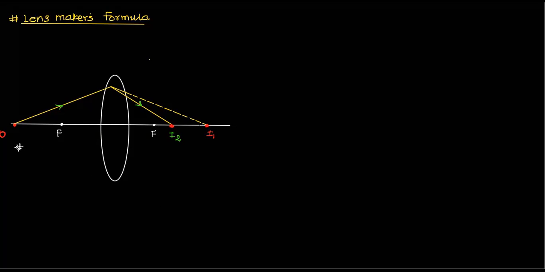Now this distance is u, that is object distance. And this one where you are getting image I2, and this one where you are getting image I1, I am representing as v and v1 respectively.